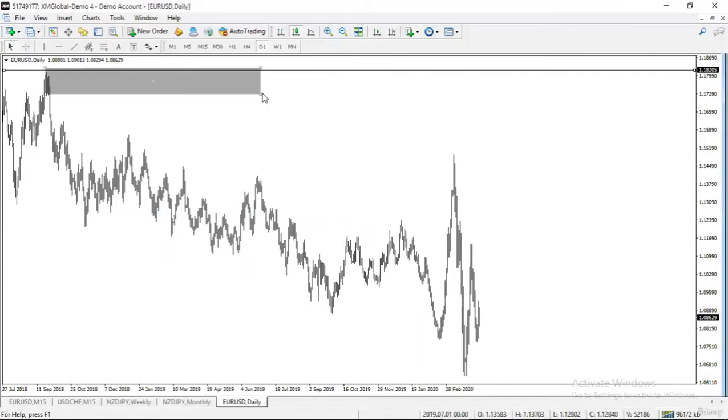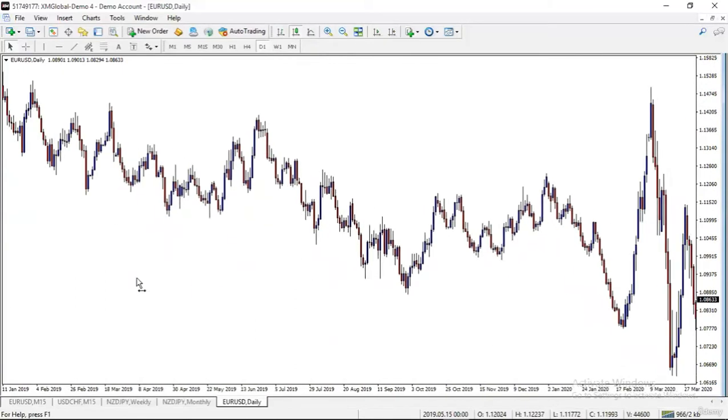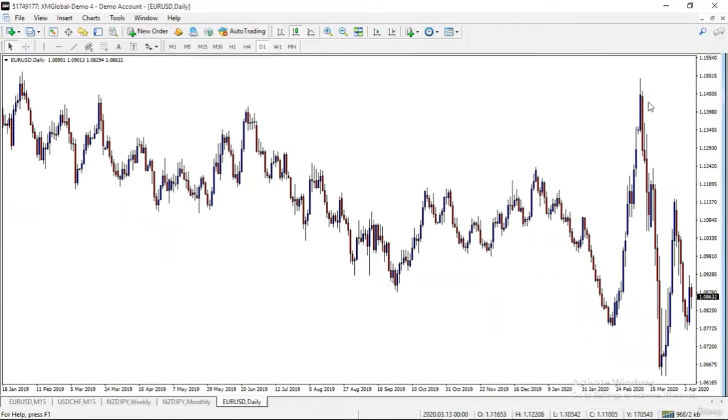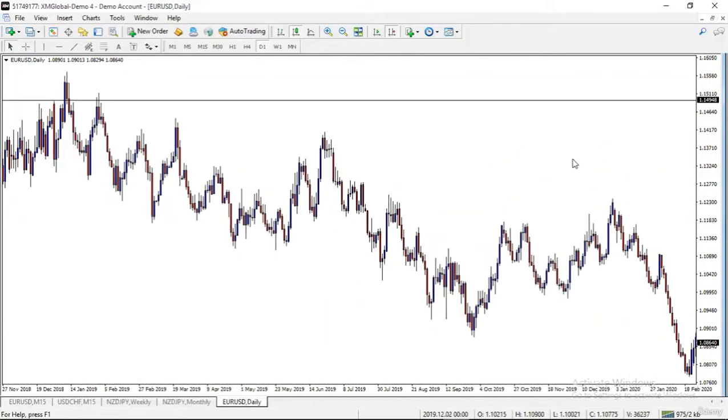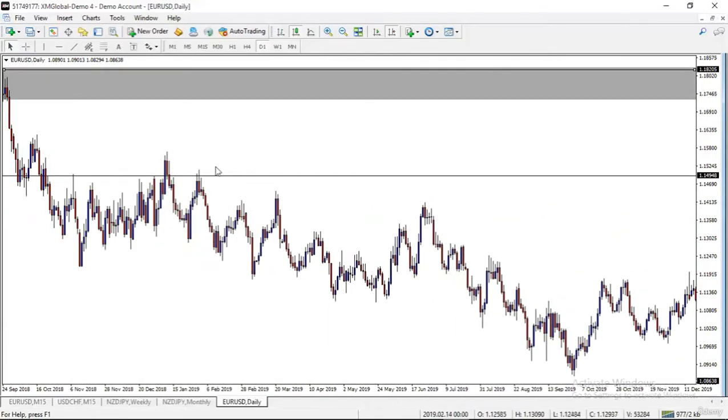This one wasn't retested, it hasn't been retested as yet. I'm sure this one is also reacting to something. If you draw a line like this, yes, it's reacting to this.